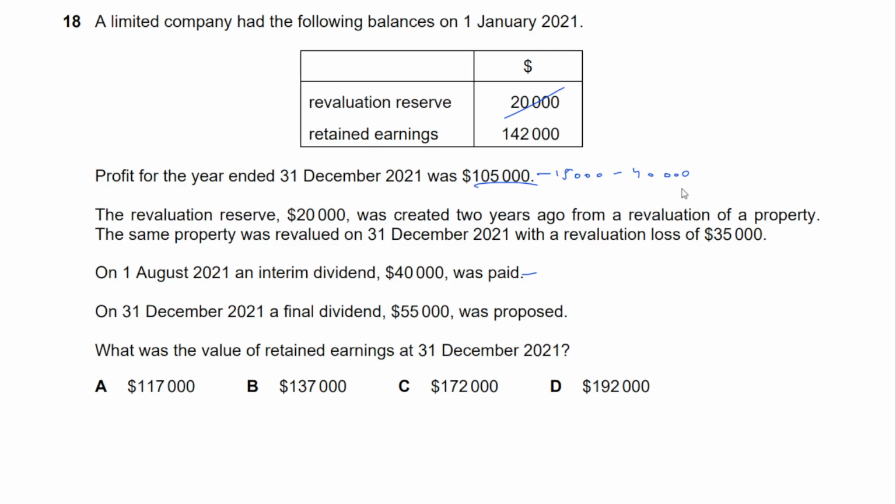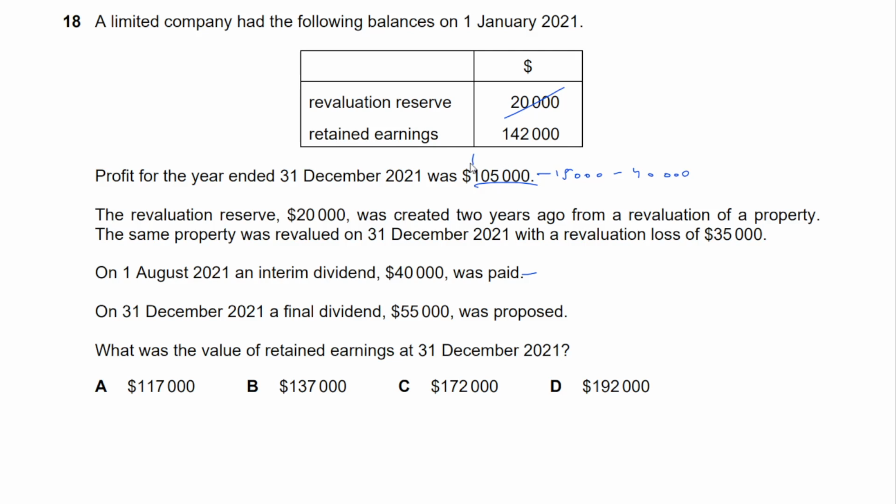Let's do it. 105,000 minus 15,000 minus 40,000. That's, what am I missing? Oh, what am I doing? I'm sorry, guys. This is the retained earnings.